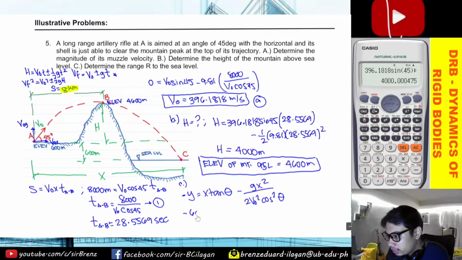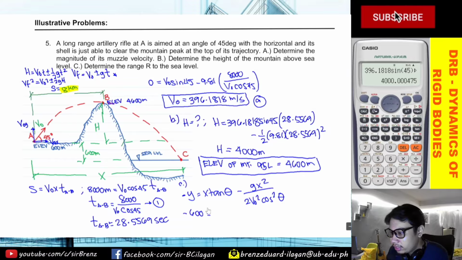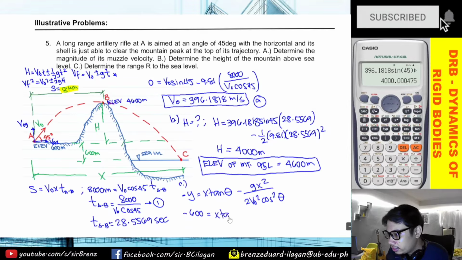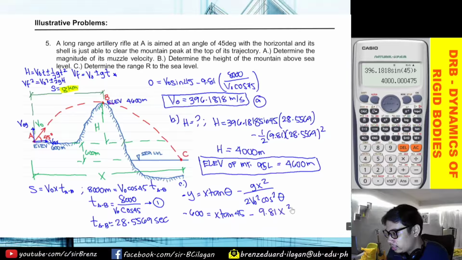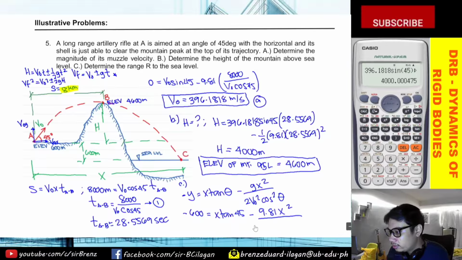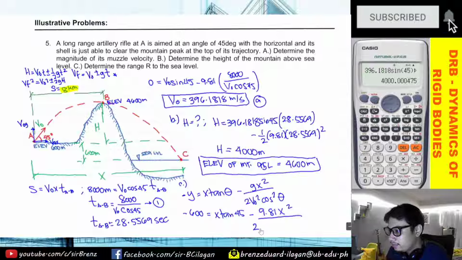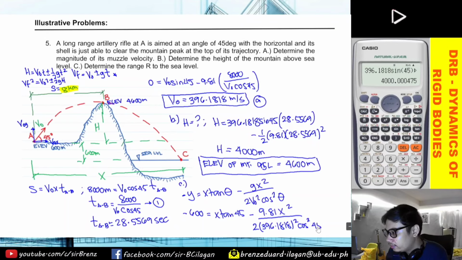So, negative 600 is equals to x, yun yung hinahanap, of tangent theta na 45 degrees. And then minus 9.81 times x squared all over 2 times the initial velocity na 396.1818 squared cosine squared 45 degrees.